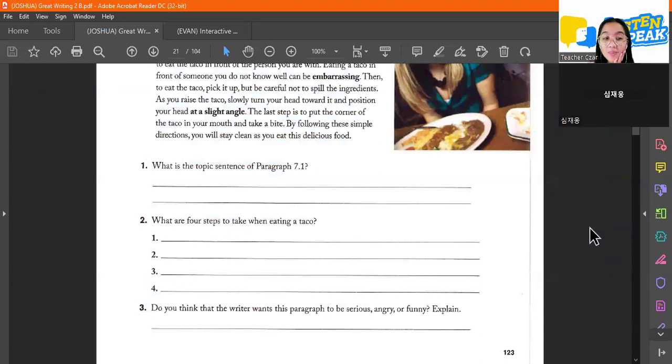What is the topic sentence of paragraph 7.1?